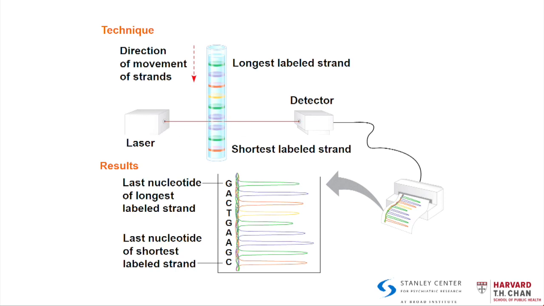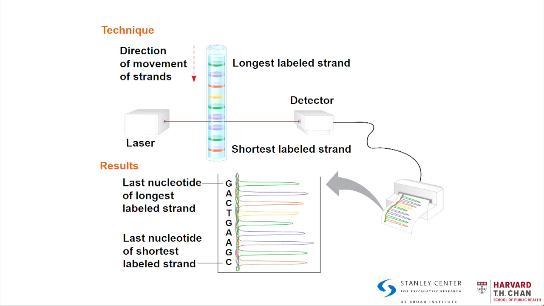There's also a laser watching as these bands pass through your capillary. So when a particular fragment hits the laser, the fluorescently tagged nucleotide at the end of that fragment will emit its characteristic burst of light. So the light will be different depending on what fluorescent tag is there, which is in turn dependent on what nucleotide is actually present.